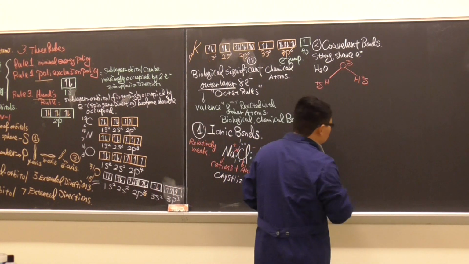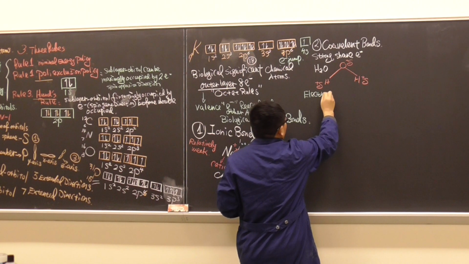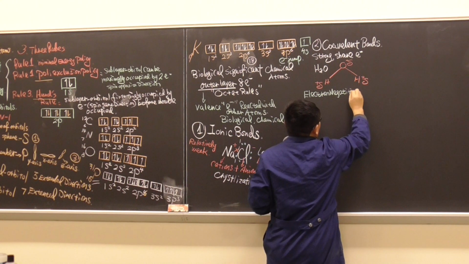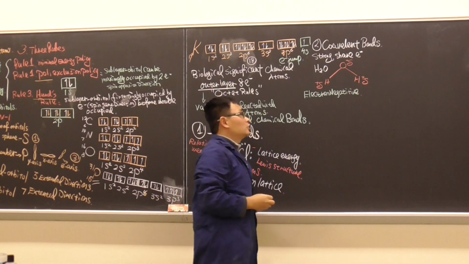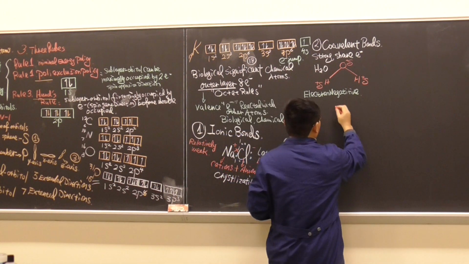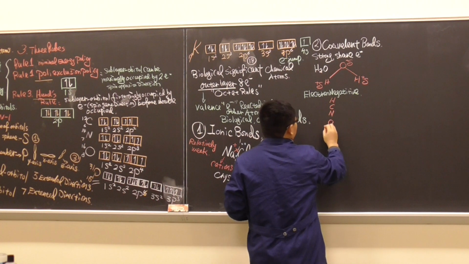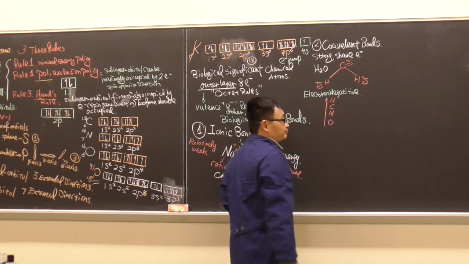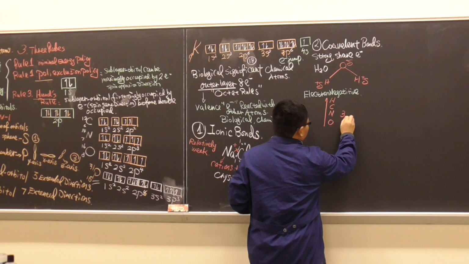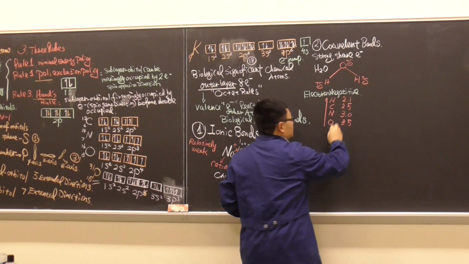Therefore, it comes out with a concept called electronegativity. The electronegativity is a value. Basically, you can look at your textbook, is H, C, N, and O. They decrease from this direction. O is about 3.5, N 3.0, C 2.5, H 2.1.